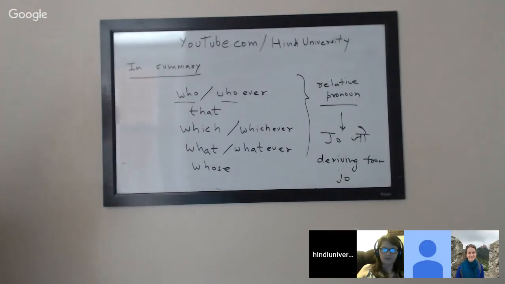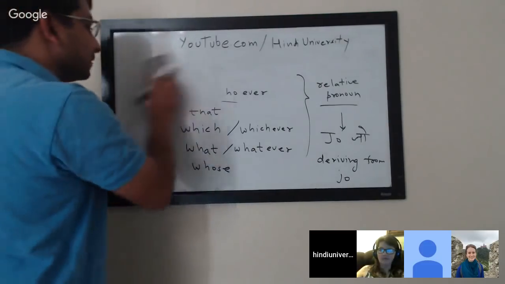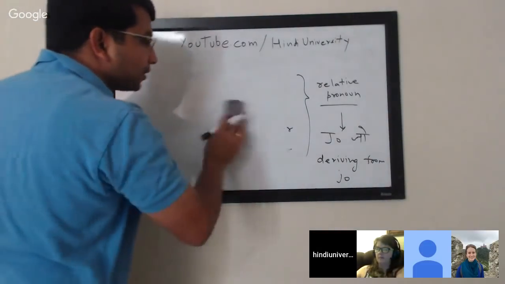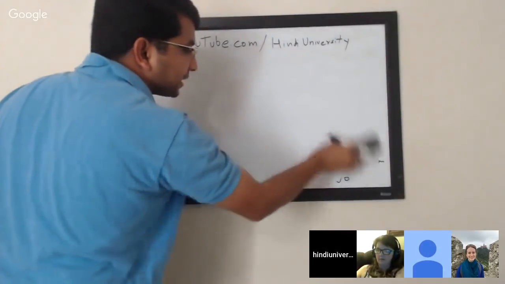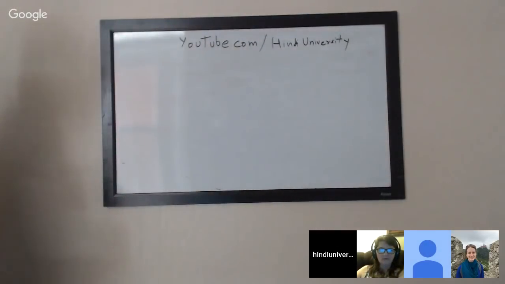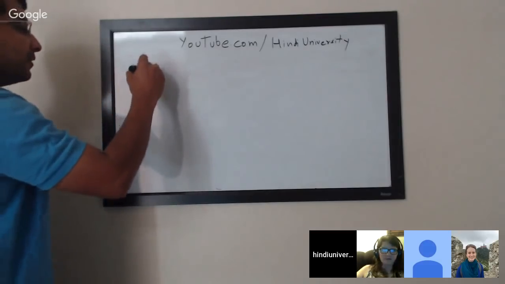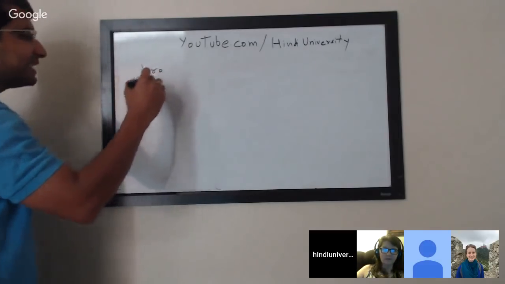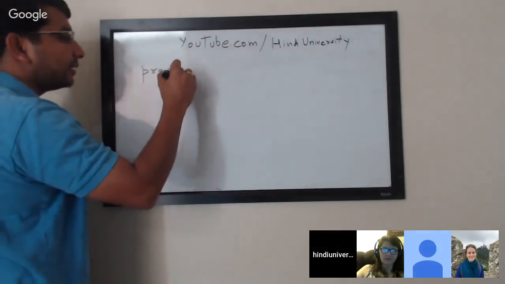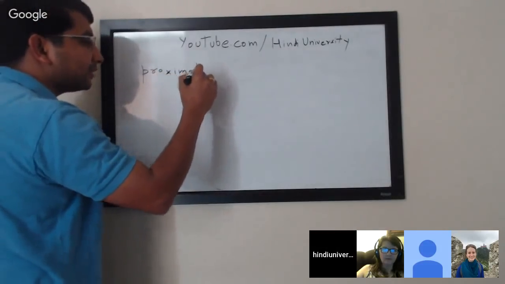Now I want you to stick with me for grammar, and I want to write down a table for you, and then we'll come to more examples and discussions around it. Just for the next 2-3 minutes, stick with me. The table will help you understand all these pronouns in a given context.